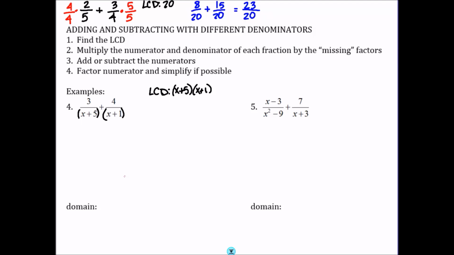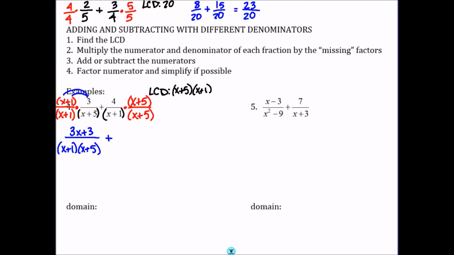So the fraction on the left is missing x plus 1, so we need to multiply that on both the numerator and denominator. The fraction on the right is missing x plus 5. So now you need to go ahead and multiply. So in the numerators, we need to distribute the 3 to get 3x plus 3 over x plus 1, x plus 5.